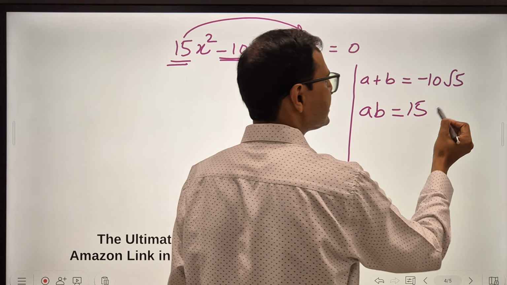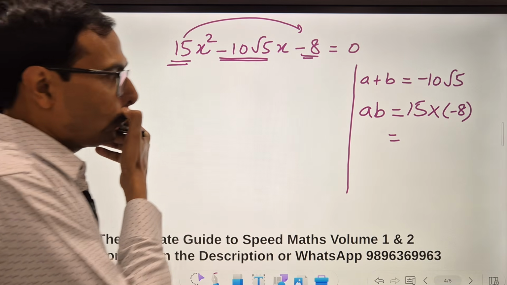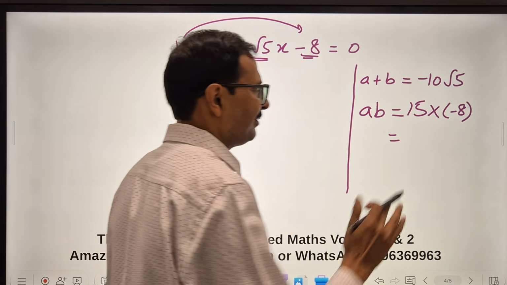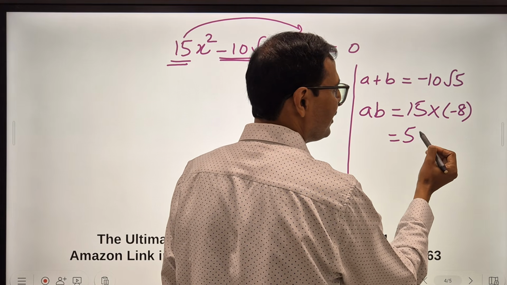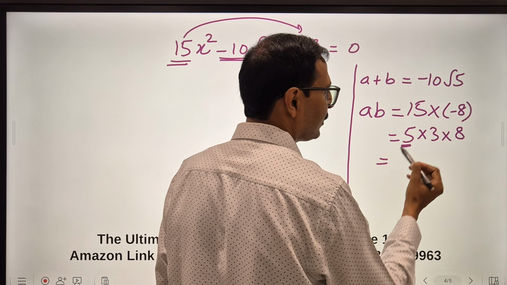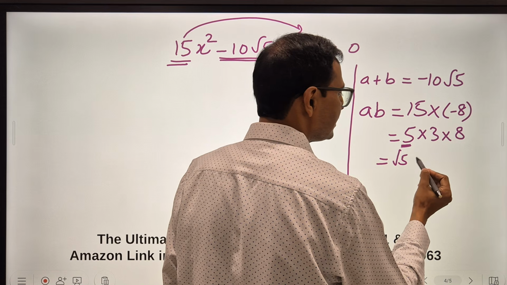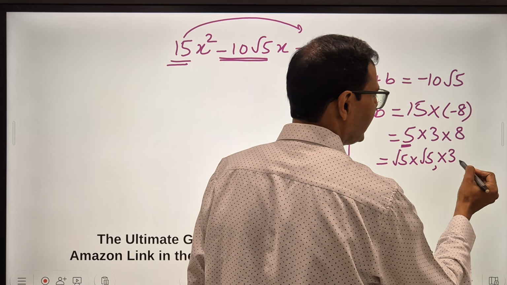So 15 times minus 8. Now 15 and 8, no way is going to give me a root 5. So for getting a root 5, I have to write this as 5 times 3 times 8, and 5 will be broken down as root 5 times root 5, and then 3 and 8, right?